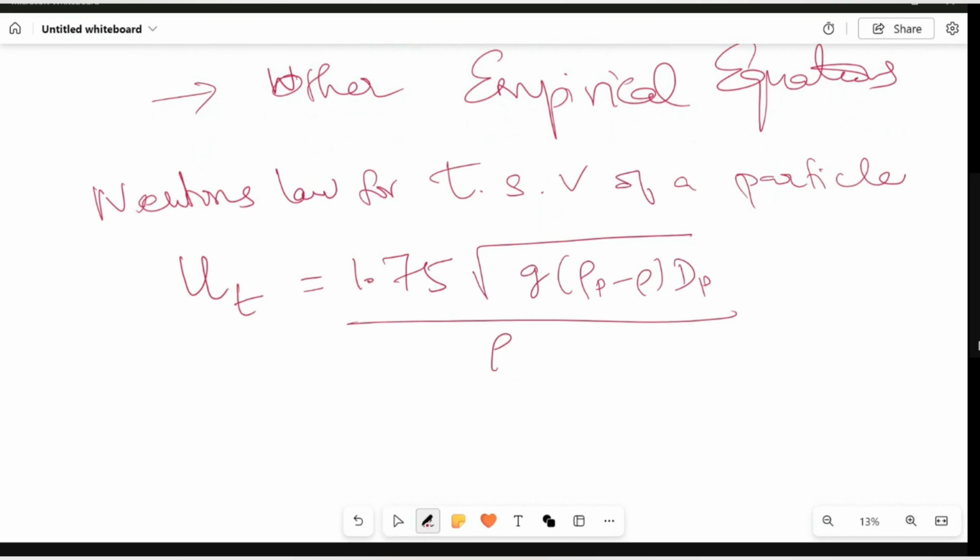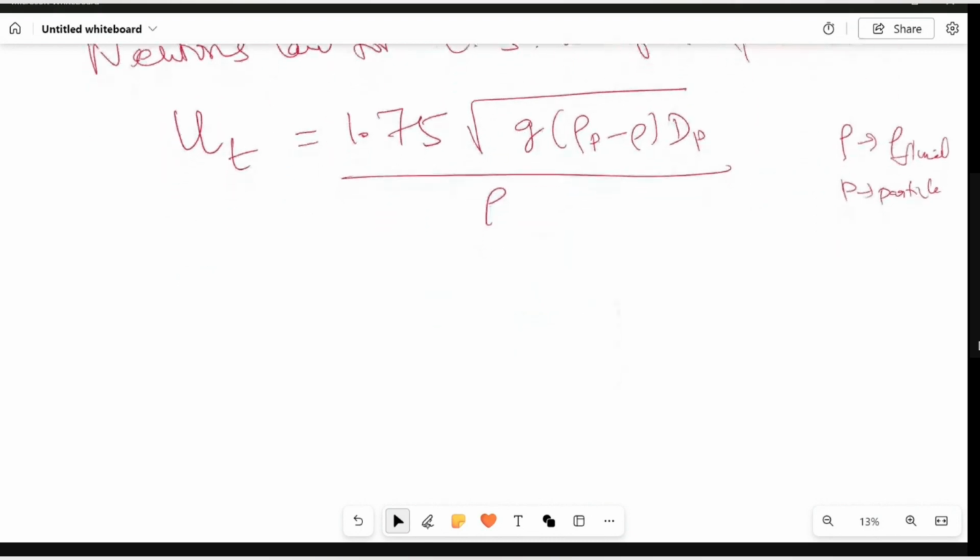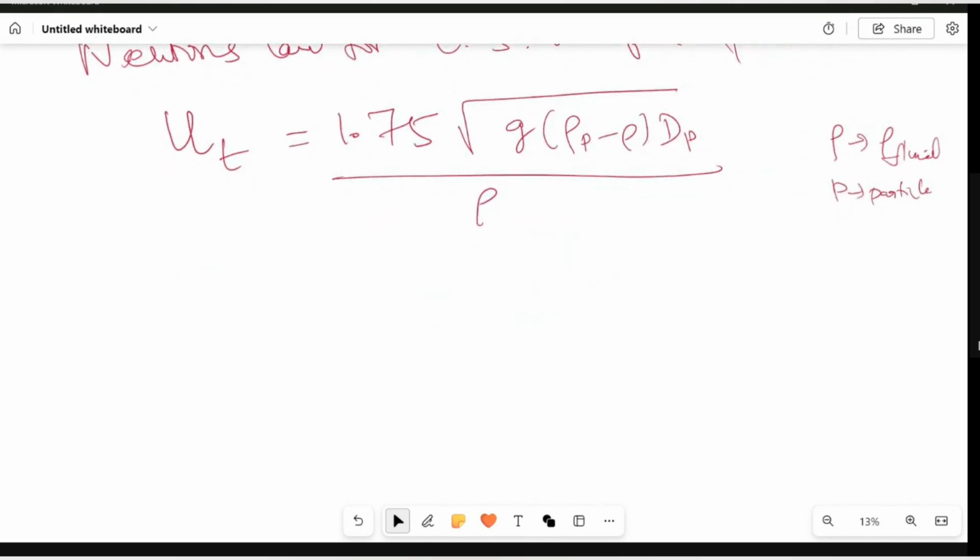Rho refers to the density of the fluid, and p refers to the particle. So this equation is applicable for higher Reynolds number.